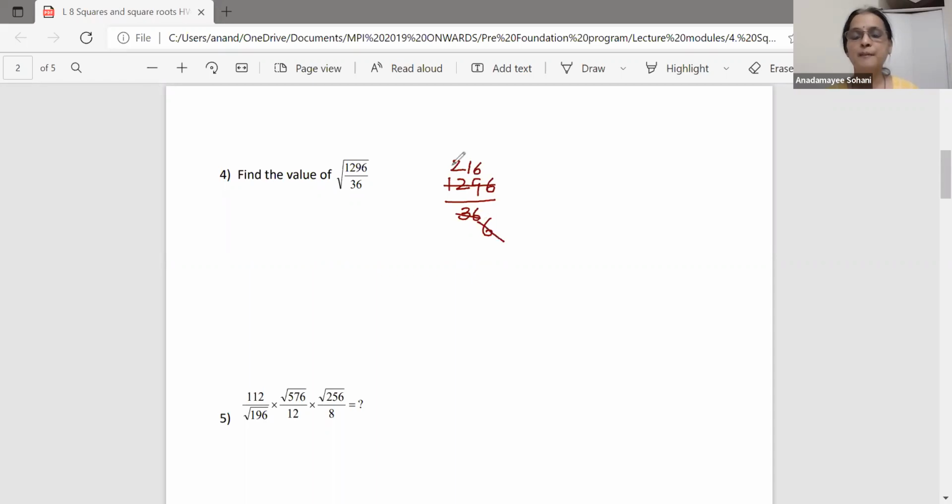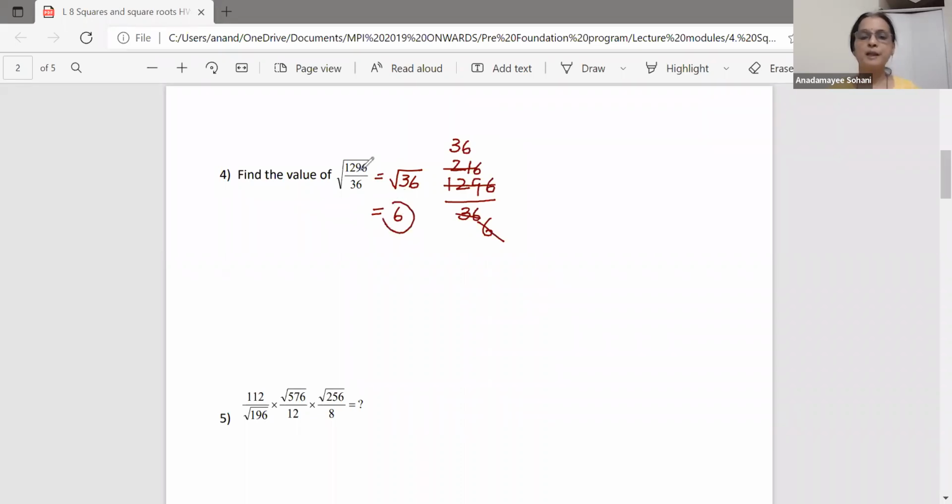Again 6 1s are 6, 6 3s are 18, and 6 6s are 36. So 1296 upon 36 is 36. So this is equal to root of 36, which is 6. So both the methods, whichever method is suitable for you, you can go by that. All right, answer will be 6.